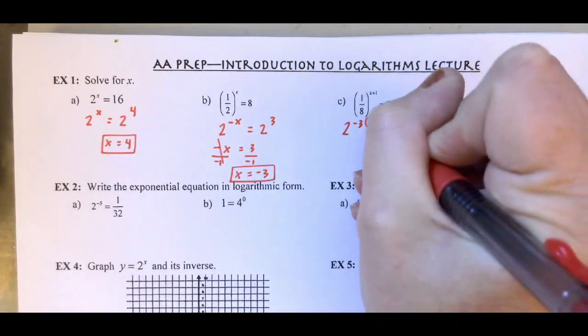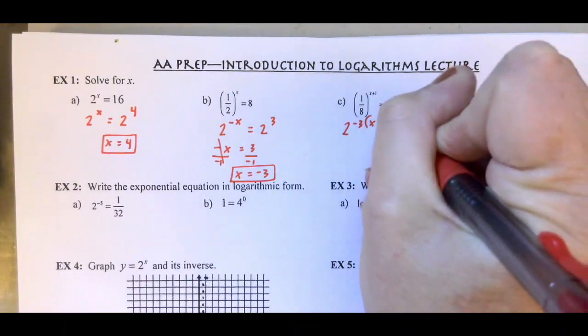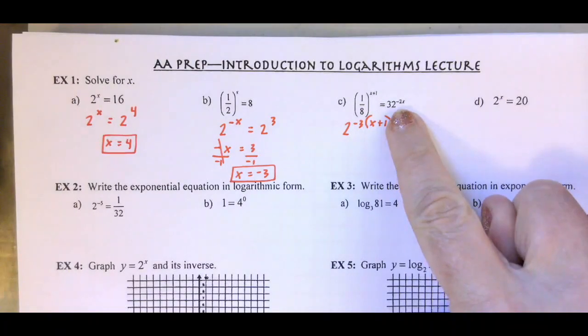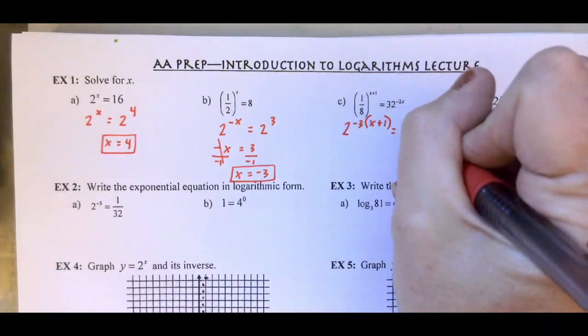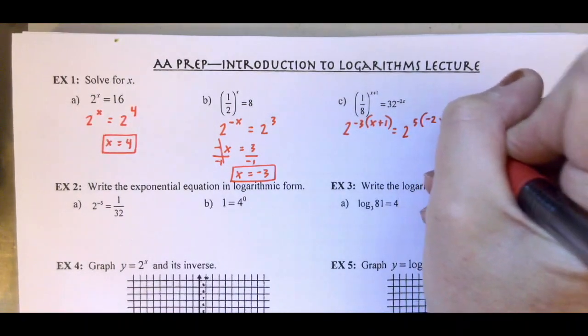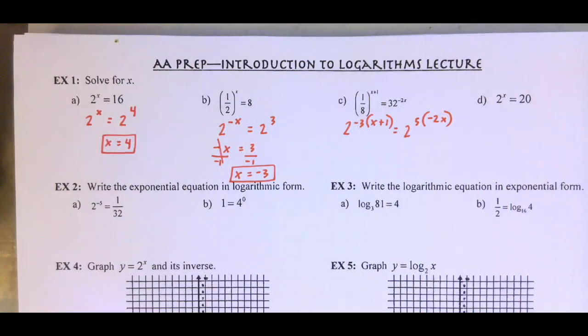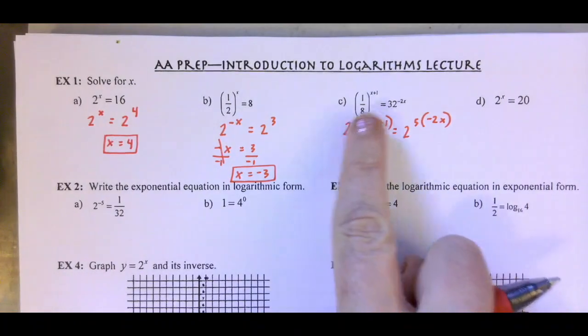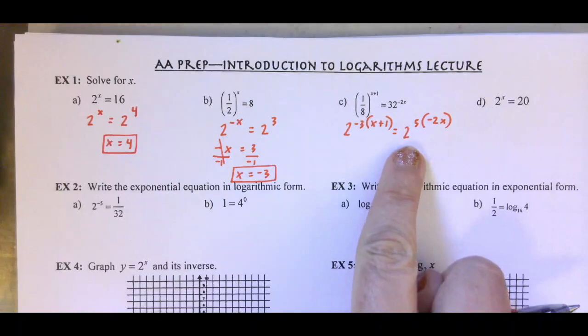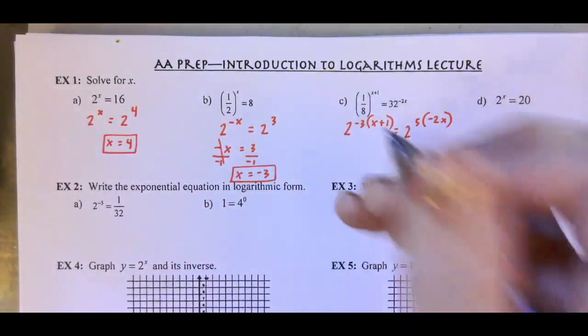So that negative 3 is going to join the x plus 1 that's already in the exponent position. 32 is 2 to the 5th power. And that 5 is going to join the negative 2x that's already there. So I've re-expressed both of these bases as powers of 2. So now that their bases match, their exponents match also.